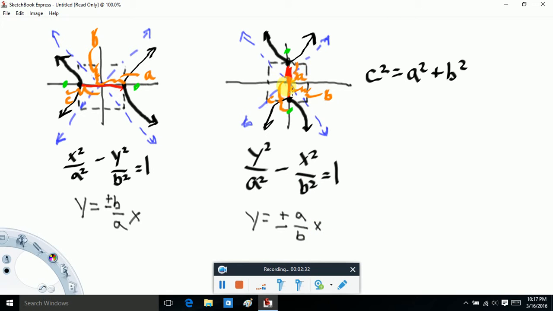And of course if your center is displaced, then you're going to have a different equation. For now we're just going to assume that the center is at the origin.